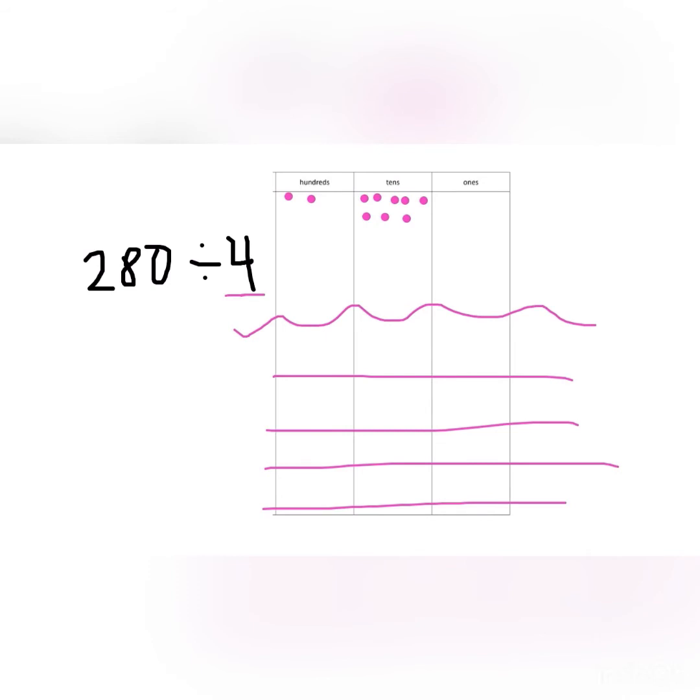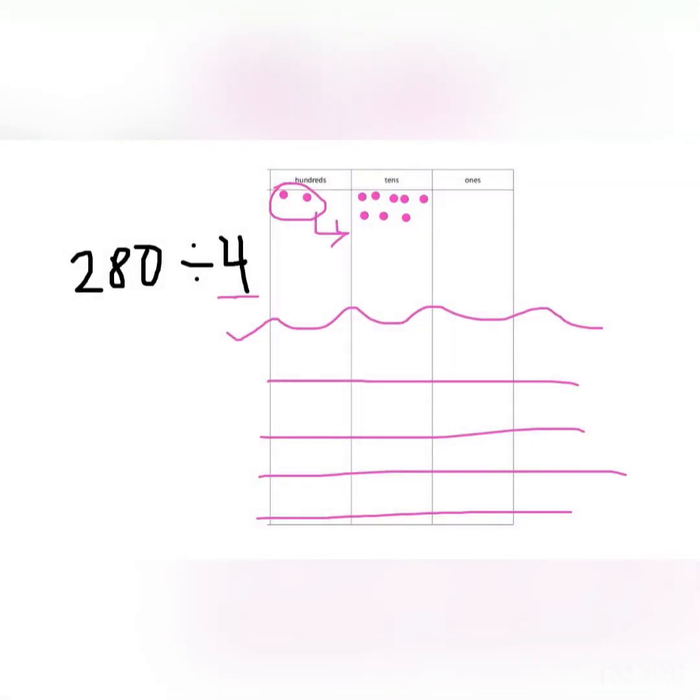So I'm going to draw 20 tens to represent my 200s.